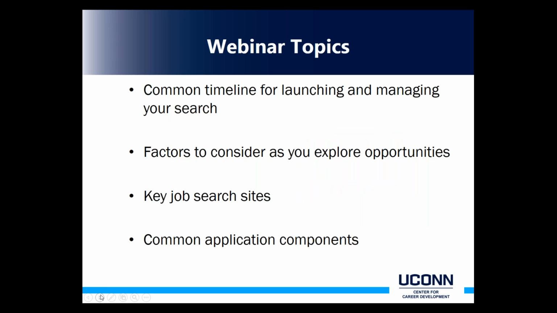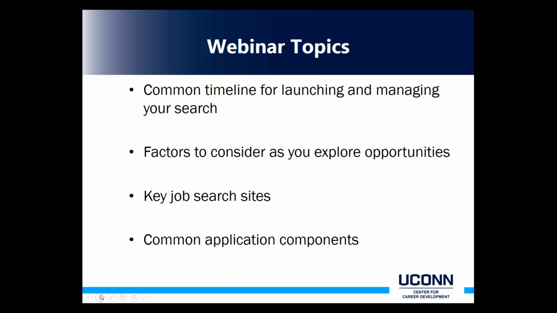Let's get started. In this webinar, we will cover content that provides an overview of some of the major aspects of conducting an academic job search. The content is tailored to doctoral candidates seeking faculty positions. Others are free to join in and listen. During our session, we will discuss a common timeline for launching and managing your search, and that will be a timeline within the US.